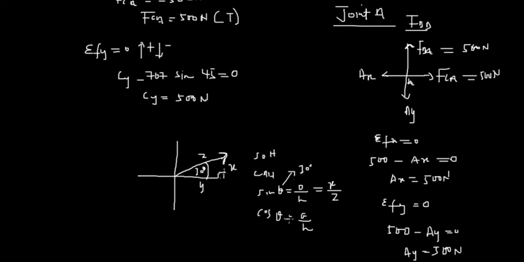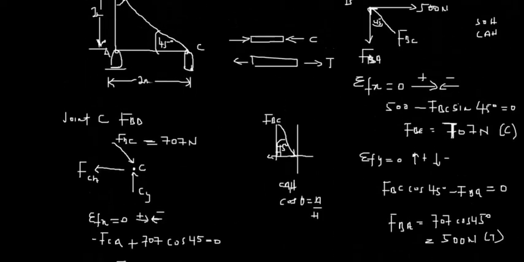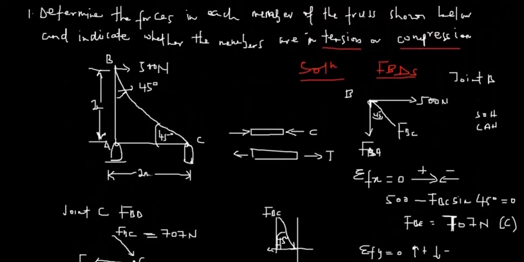Whenever you are taking cos, it would be the adjacent, which is y, divided by the hypotenuse, which is z, with the angle still being 30 degrees. That's why some of these forces act in x and y, and then we have their respective forces.